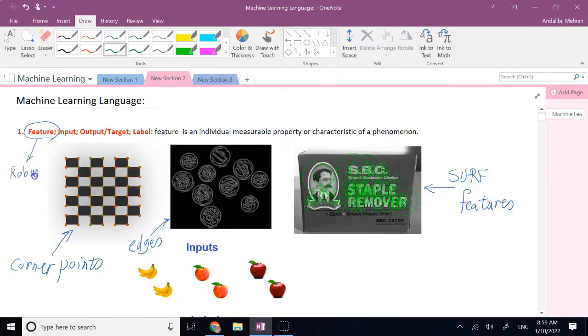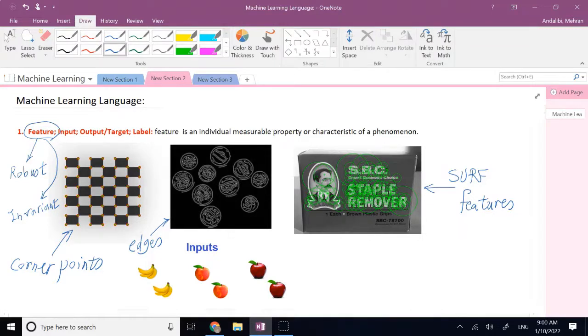And robust means if something happens to that image, like the image is rotated, scaled up, shifted, cropped, deformed, or there is noise added to it, you are still able to detect those features and describe their vicinity. So they are robust, and we also call them invariant. They are invariant with respect to, let's say, rotation or scaling or translation.